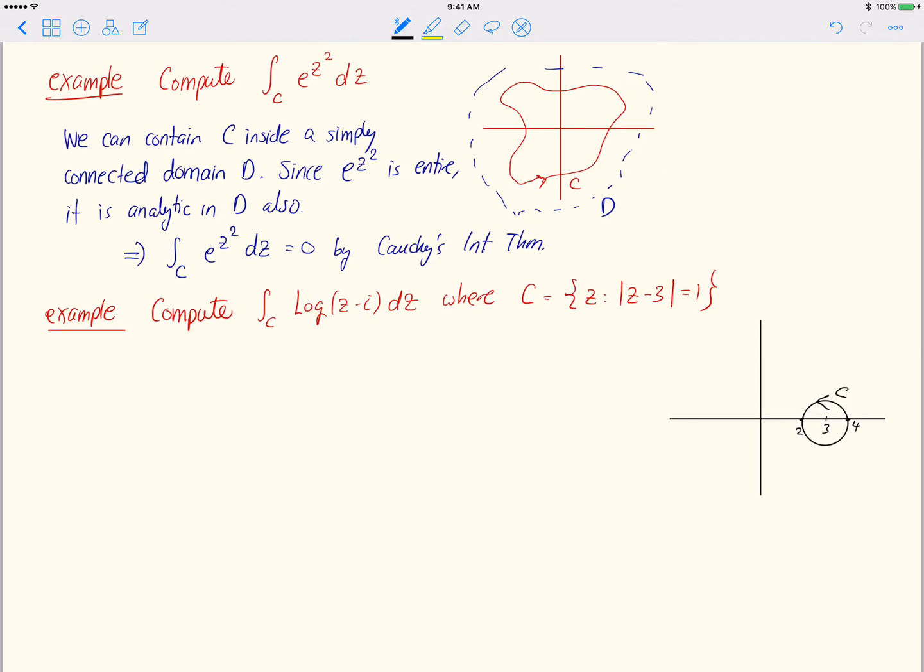Okay, so we want to integrate log of z minus i around C. Now, again, I could use the fundamental theorem, but again, it's hard to integrate the log function. So I go for Cauchy's integral theorem. Now, Cauchy's integral theorem requires me to work in a simply connected domain D, where my function is analytic. And this is where I have to be a bit careful. Remember the log function by itself, the principal log function, is analytic everywhere except for the negative real axis.